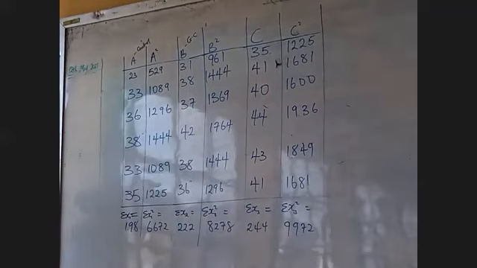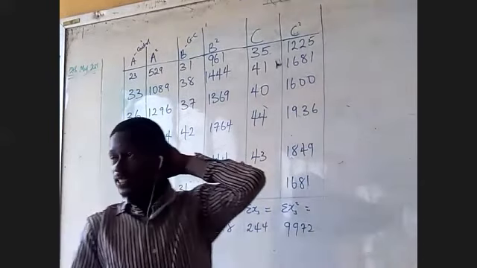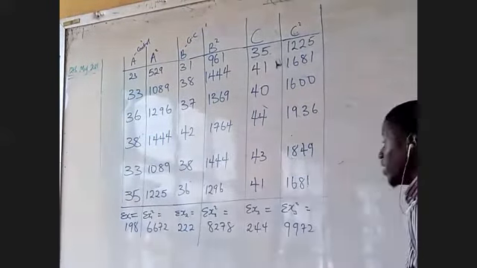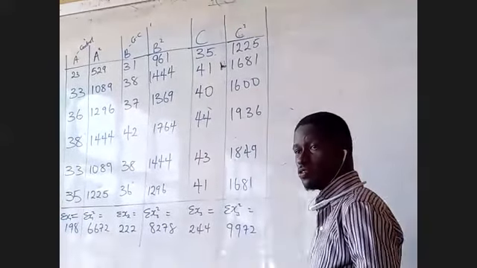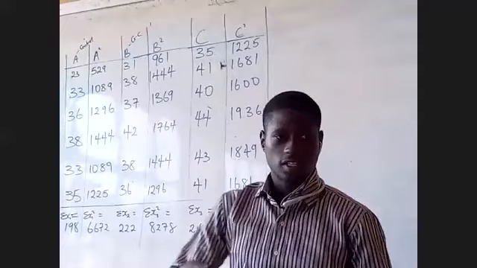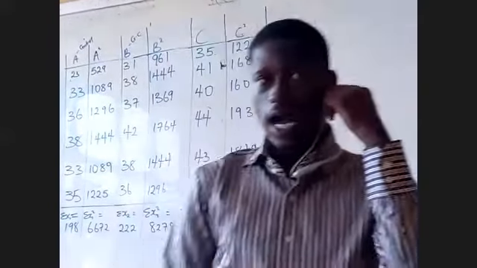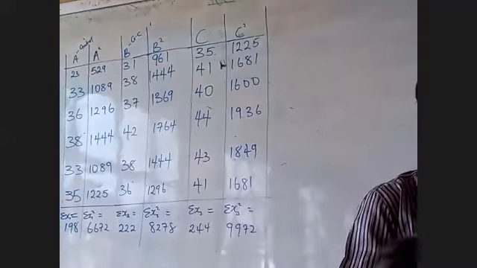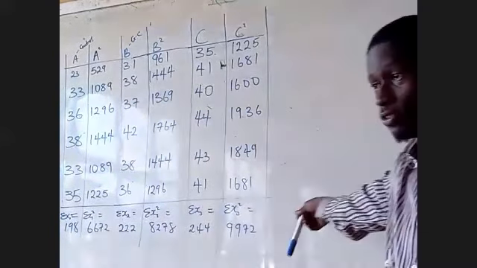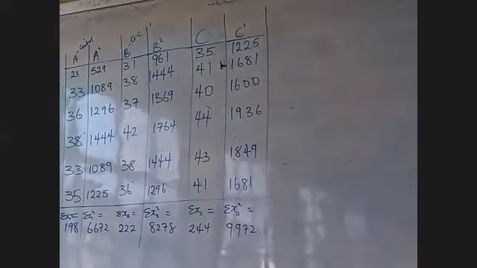So the next thing is just to apply our formula. Now, basically, there are 3 things to find in your formula. You need to find the sum of squares between the group, the degree of freedom between the group, and the mean of square between the group. Then you also find for within the group, the sum of square within the group, degree of freedom within the group, and the mean of square within the group.